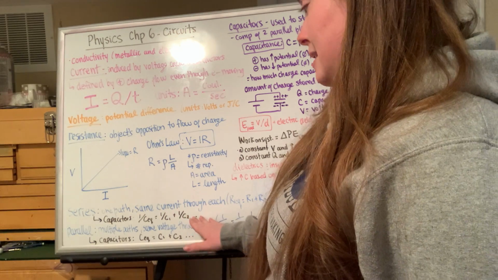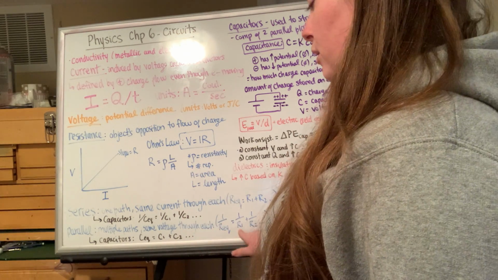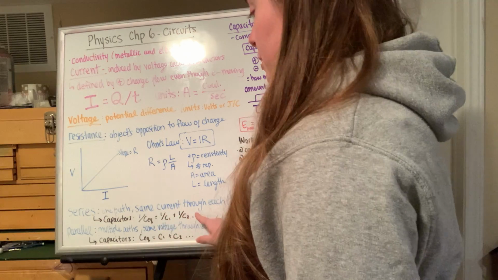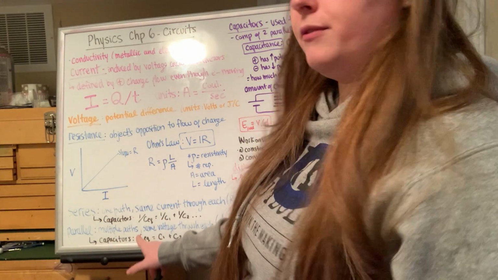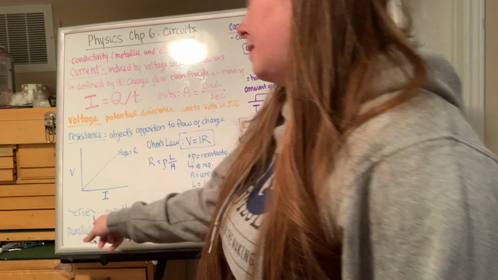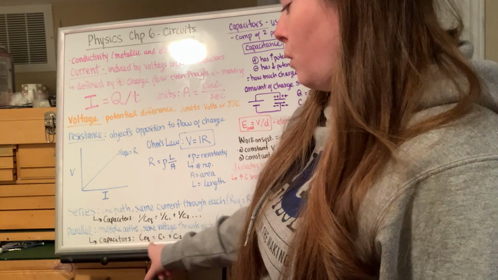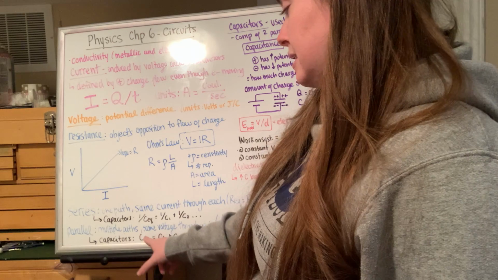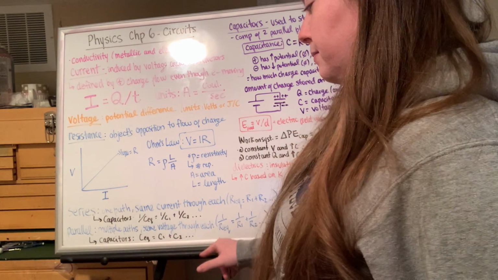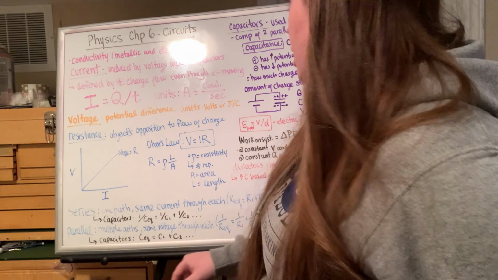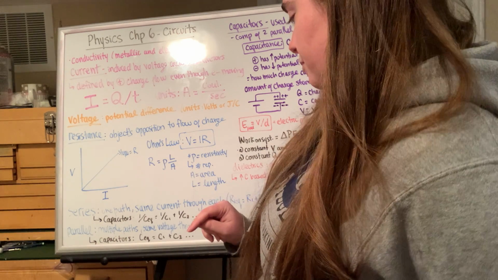Okay, so it's the same idea as resistors in parallel, but we use this for capacitors in series. And then for capacitors in parallel, the total capacitance equals C1 plus C2, etc. So that's just another thing I wanted to mention.